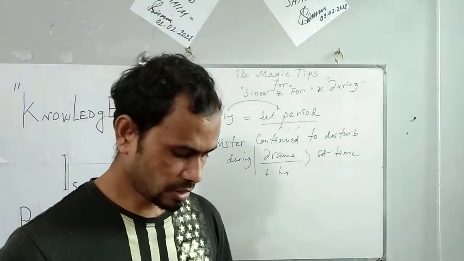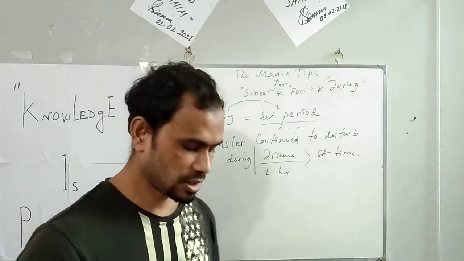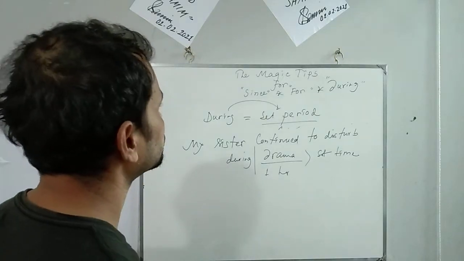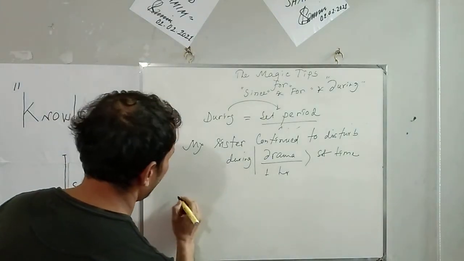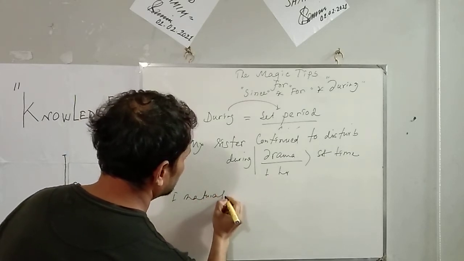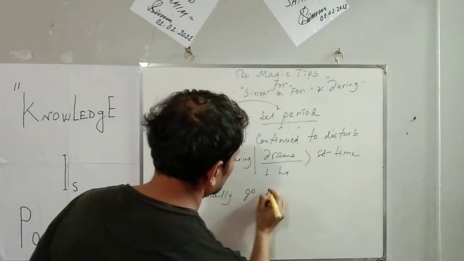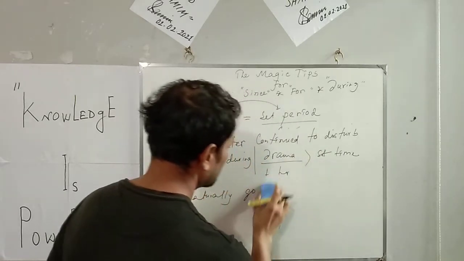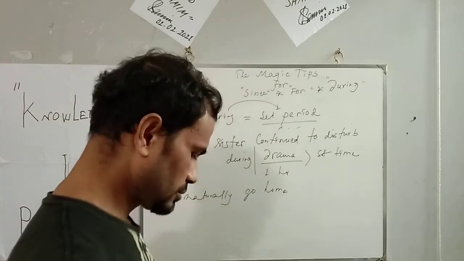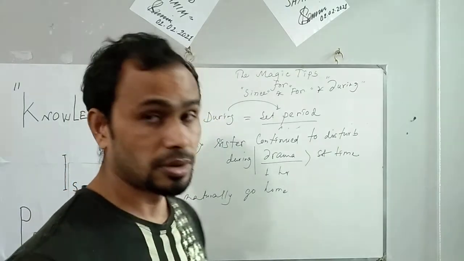So I would like to write one sentence so that you can understand properly. I naturally go home for or during.